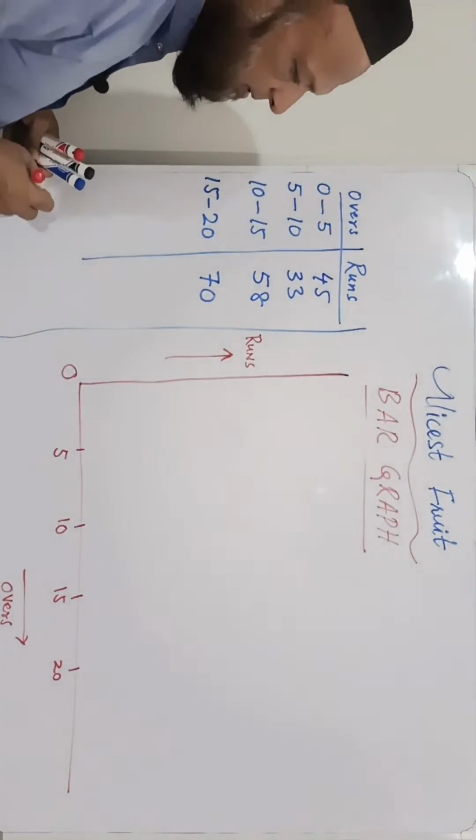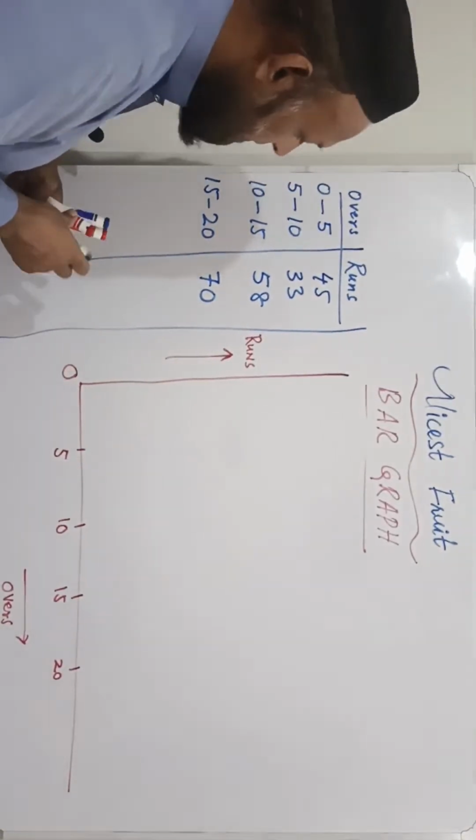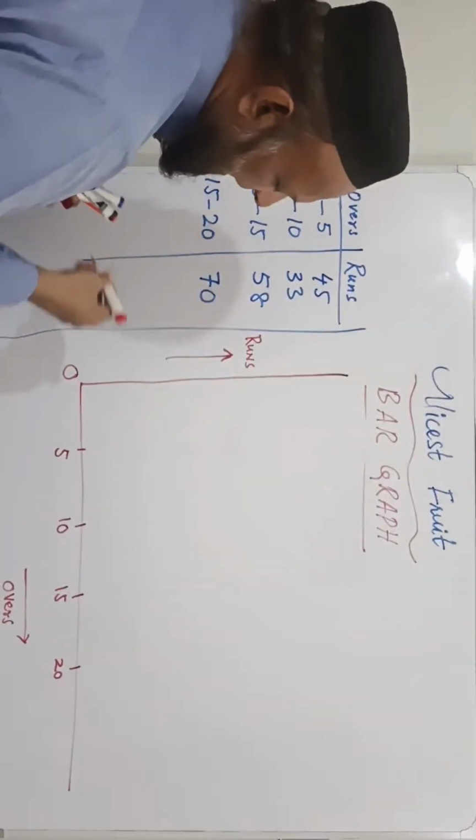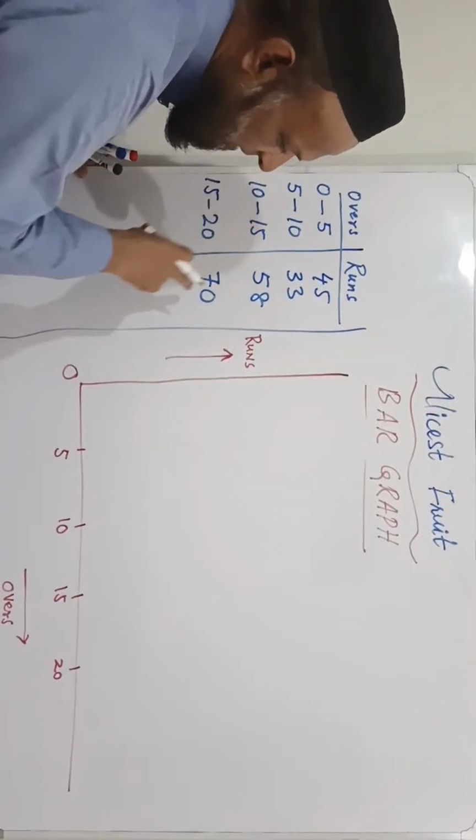And what about runs? We have to take the runs on the vertical axis. You can see that the minimum is 33 and the maximum is 70.